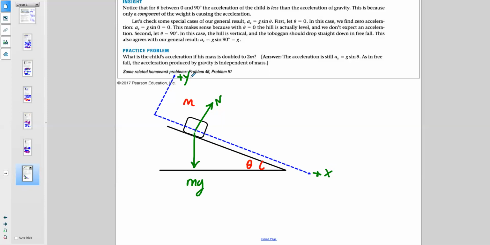So remember, if there are forces here that are not along the x or along the y, you have to break them down to their components. In other words, this mg should be broken apart to the components, okay? So we have mg cosine theta, and we have mg sine theta.